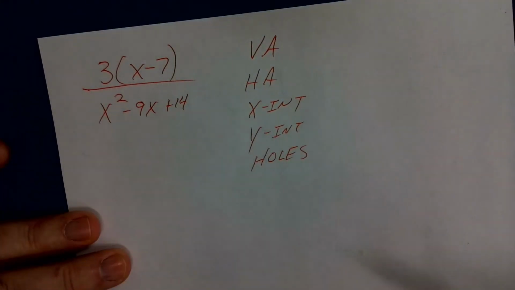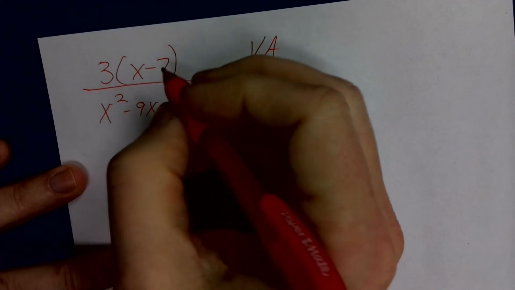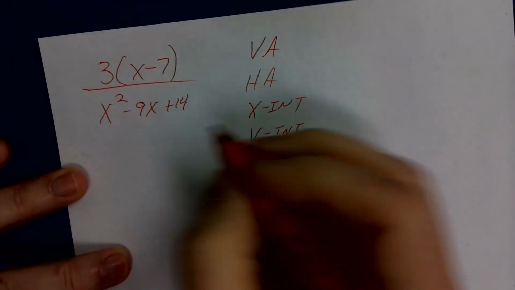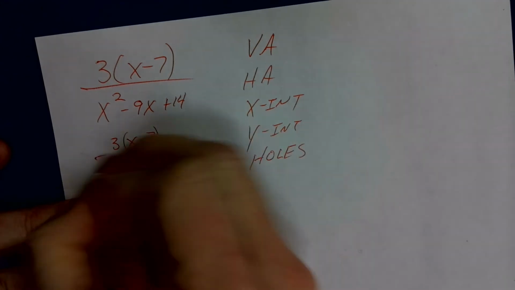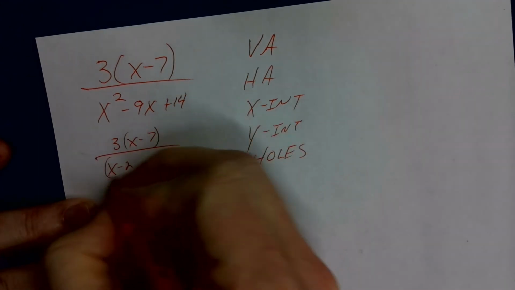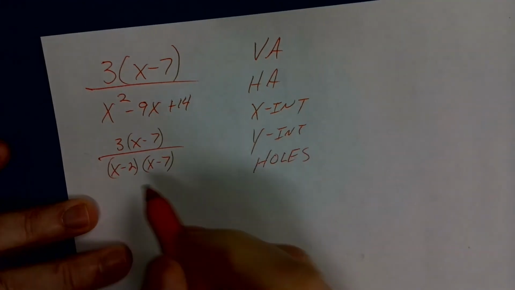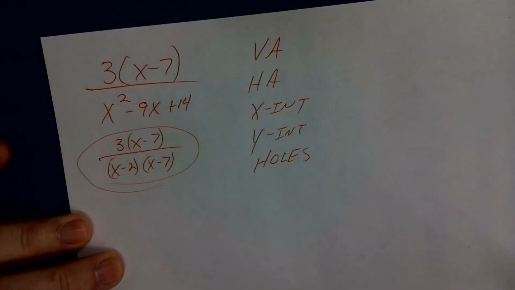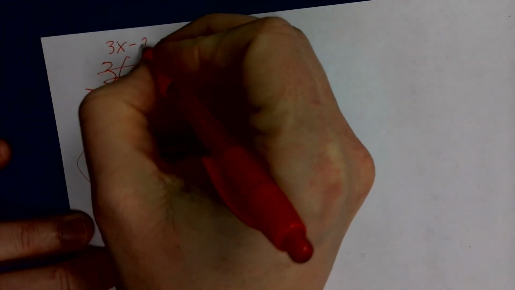This one's not factored. So what we're going to do is write them both out here like this. So I could have completely factored both of these and done 3 times x minus 7 over x minus 2 times x minus 7, like that. And that's in fully factored form. Or I could have multiplied this back in at the top and rewritten this as 3x minus 21.